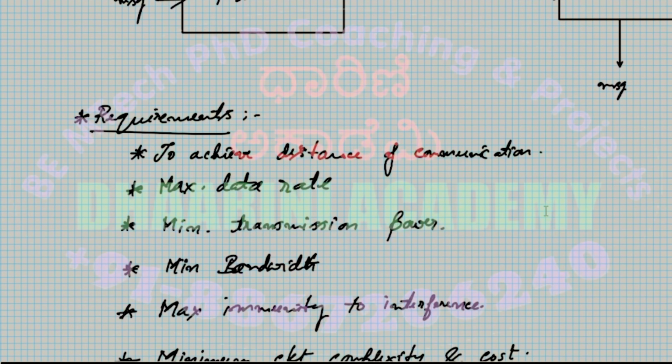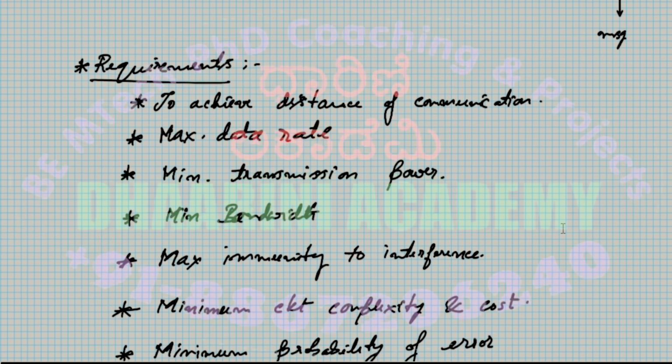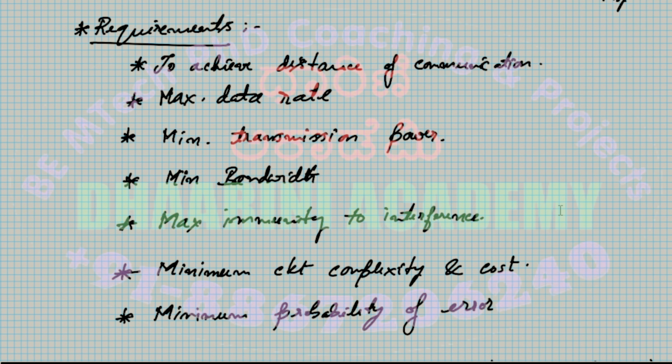All right. Now, what are the other requirements? Whenever I say I'm going for a digital modulation technique like this, what are your expectations? Normally, I want to send my message to a longer distance, so you have to have modulation, because a high frequency will carry the signal for a larger distance.